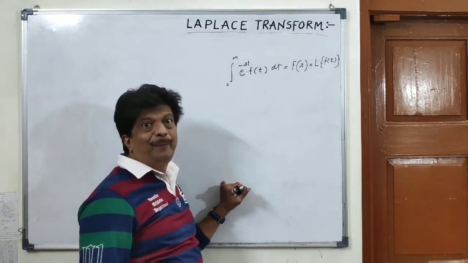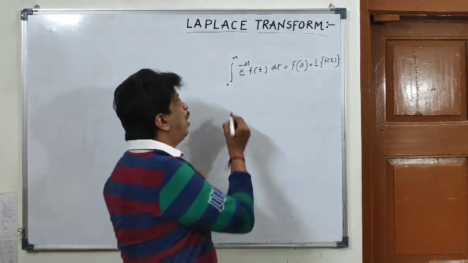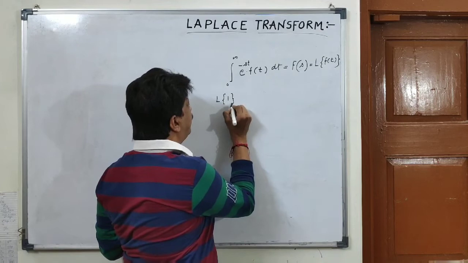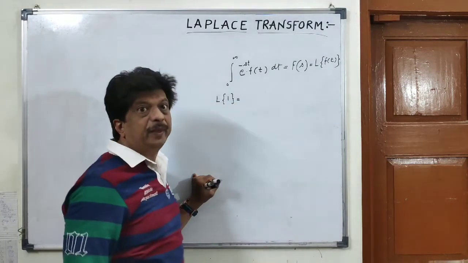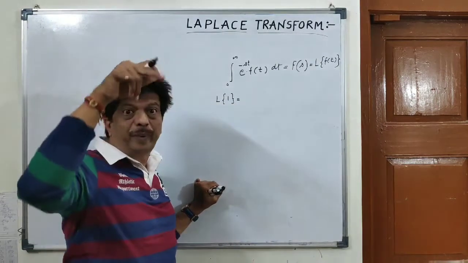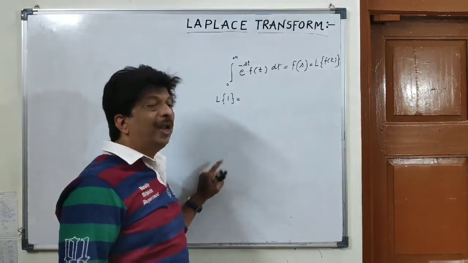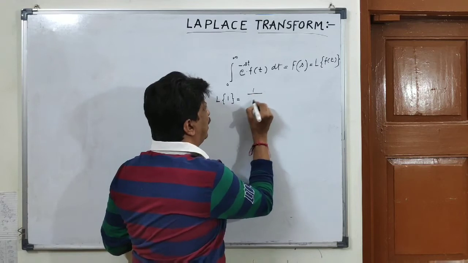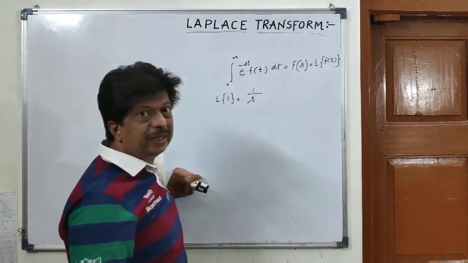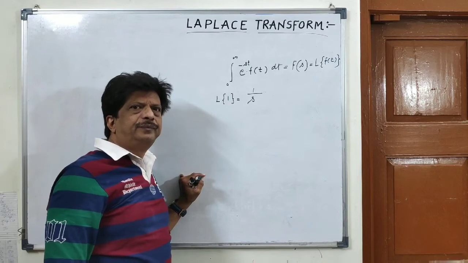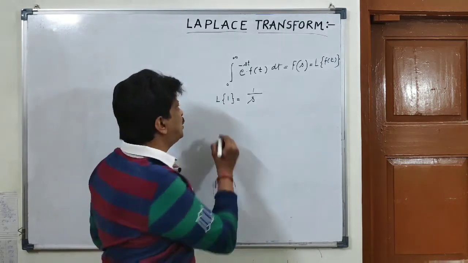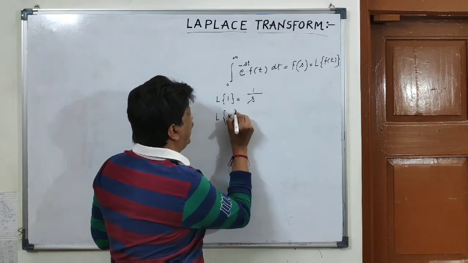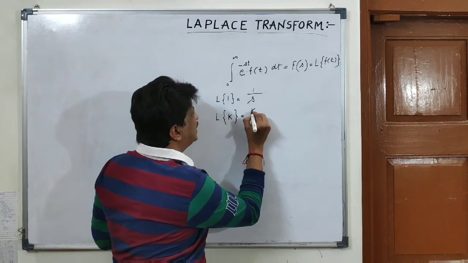We have found the Laplace transform of 1. It is a function of t. It can be considered as t raised to power 0. So Laplace transform of 1 is 1 by s. We have already seen in the last lecture, Laplace transform of constant k is k by s.